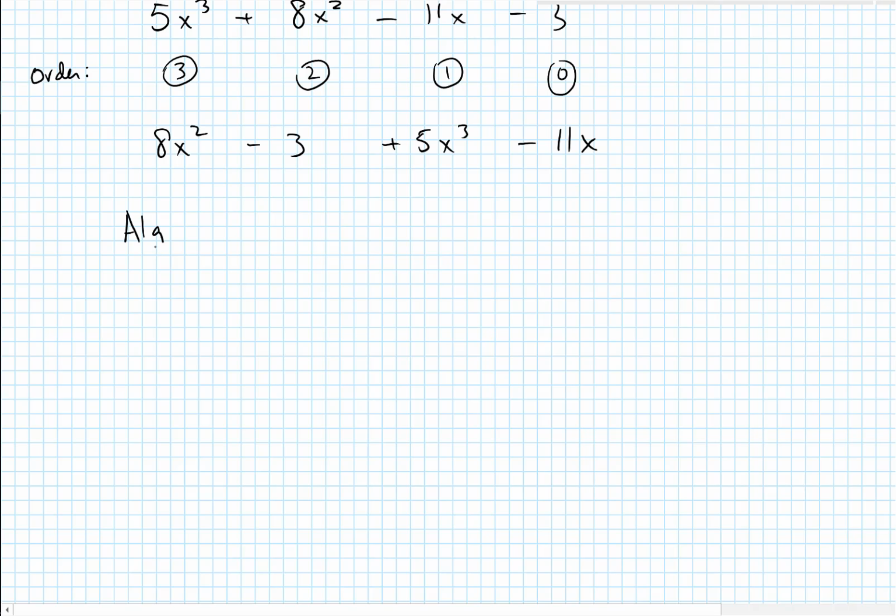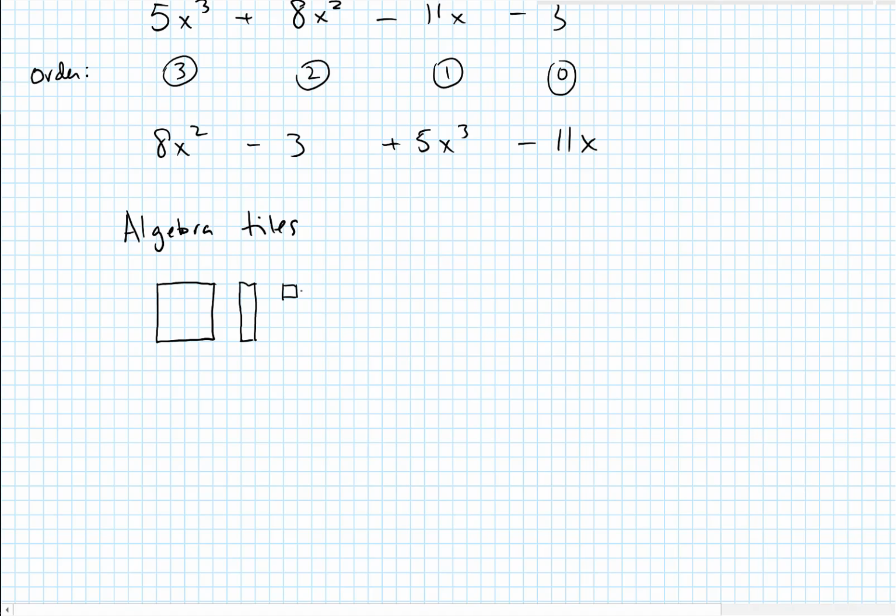So with these algebra tiles, typically at first you have 3 shapes of tile. So you have a big square, you have a rectangle, and you have a small square.